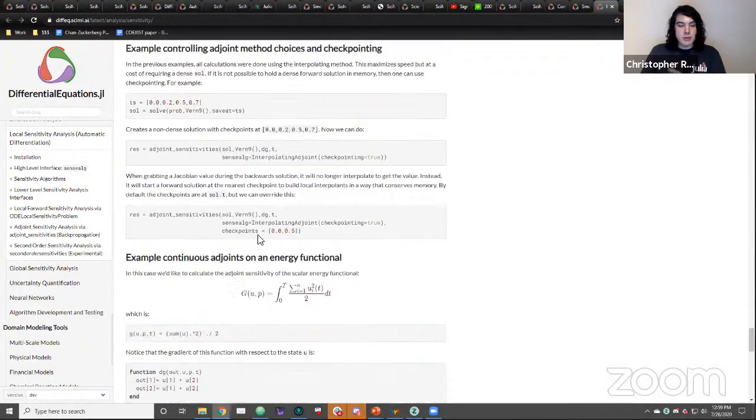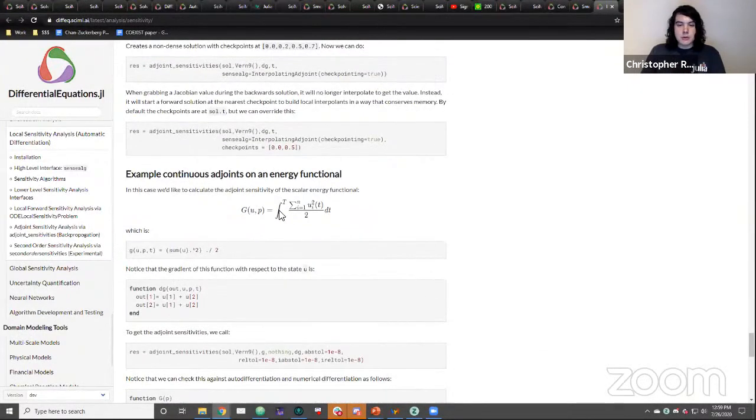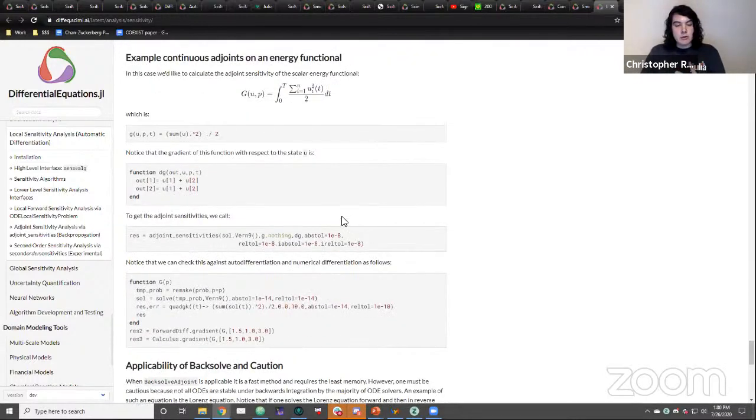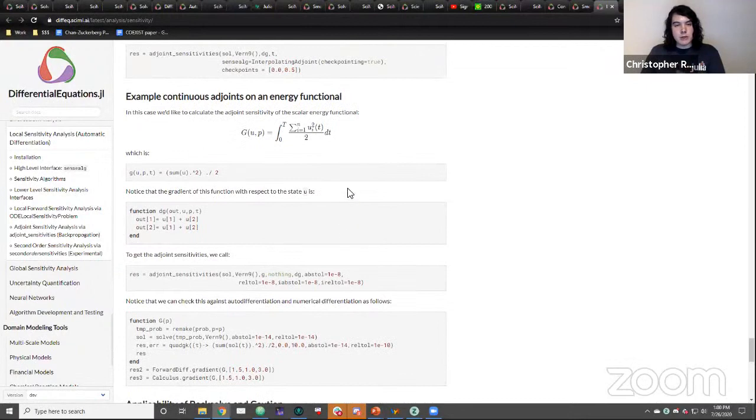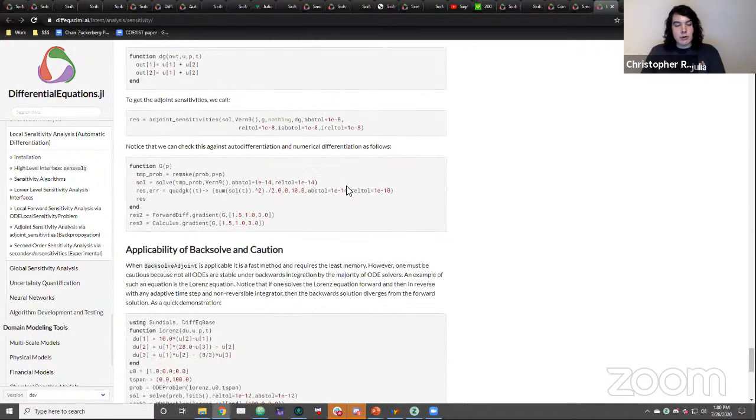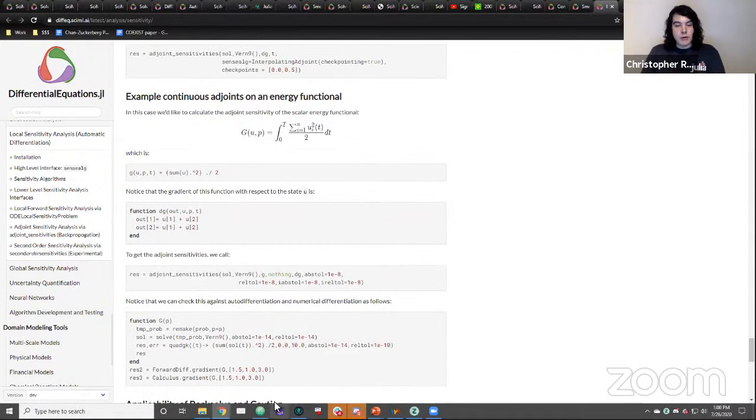This is all defined in the bottom parts of the documentation. Also, you can define loss functions which are not on the discrete values of the time points, but on the integral over time. So there's a lot more you can do if you want to directly utilize the adjoint interface. What I'm showing is just the very simple high-level view.